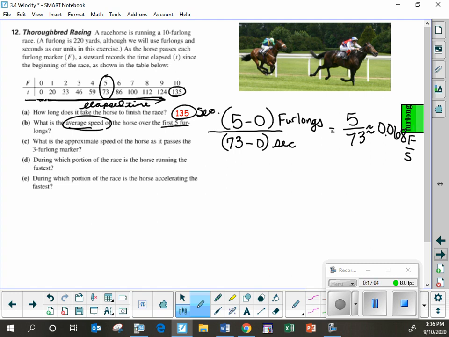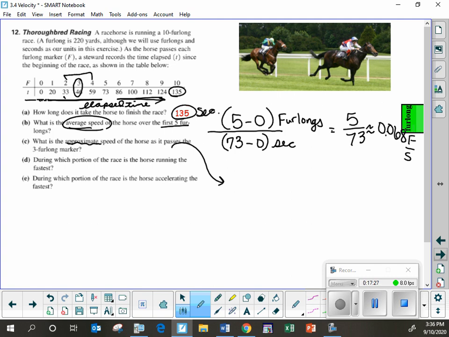Part C, what is the approximate speed of the horse as it passes the 3 furlong marker? So now it wants more of an instantaneous velocity, but I don't have a derivative to take, so I'm just going to have to approximate it. I'm going to do that by centering myself over 3 furlongs.